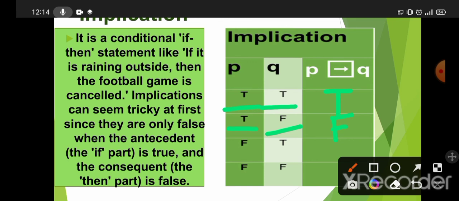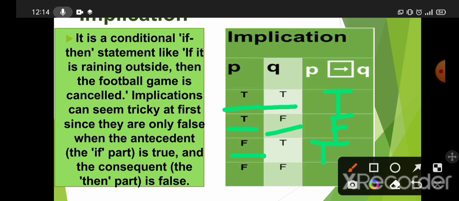However, in the third part, if it is not raining, P is false, then the premise of the implication cannot be broken since the if part never happened. So the implication holds true.